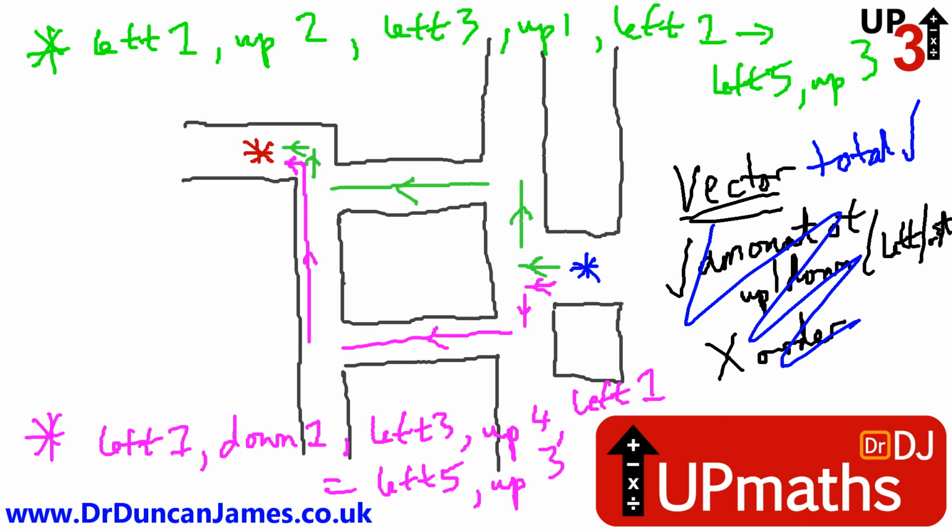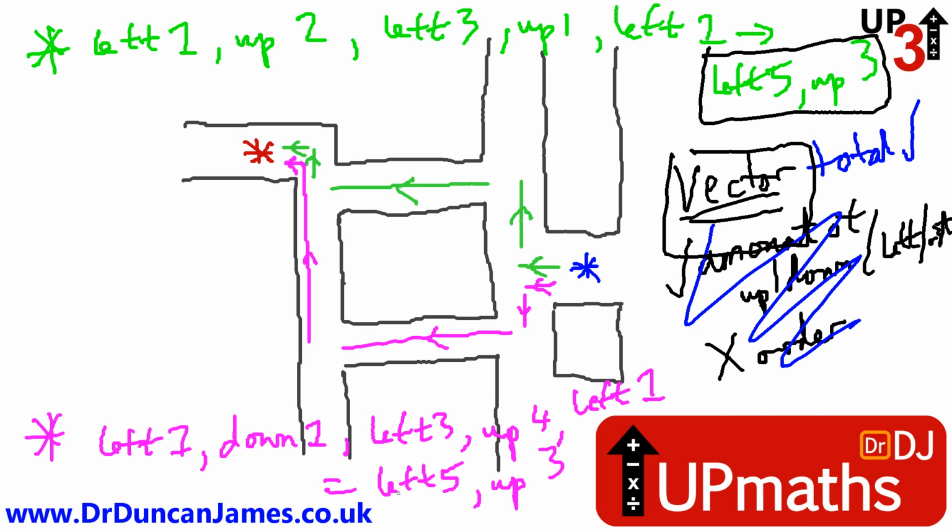So as far as a vector is concerned, the green route and the pink route are the same. So there you go. That's a kind of idea about vectors. A vector doesn't matter what order you do things in, as long as it adds up to the same thing once you add it together.